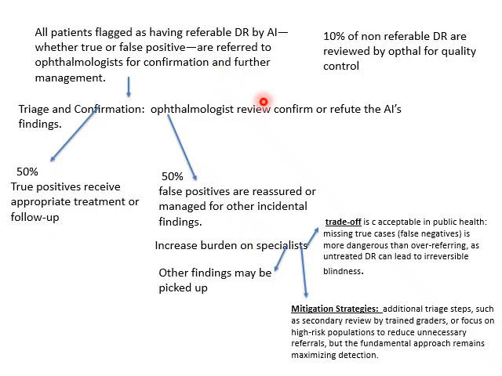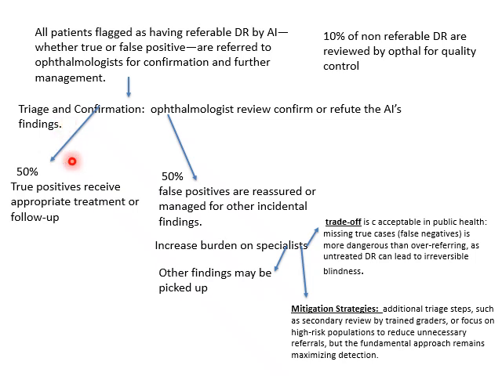All patients flagged as having referable diabetic retinopathy by AI, whether true or false positive, doesn't matter. They are ultimately referred to an ophthalmologist for confirmation and further management. You need the subject matter experts for confirmation itself. Then they will decide what to do with the confirmation. Now, triage and confirmation: ophthalmologists will review, confirm, or refute the AI's finding.